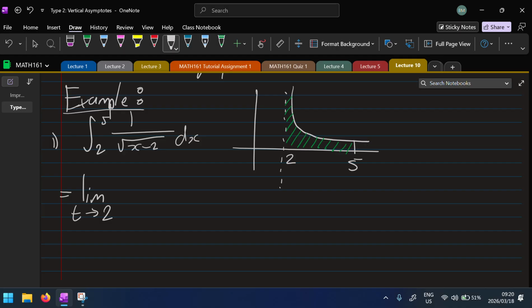So it will be limit t goes to 2 plus. Okay, we can't just have limit goes to 2. That doesn't work. We need to go 2 plus because we're on the right-hand side. Okay, then it will be the integral from t to 5. Then we have the normal thing, 1 over root x minus 2 dx. Okay, so please be careful with this limit here.